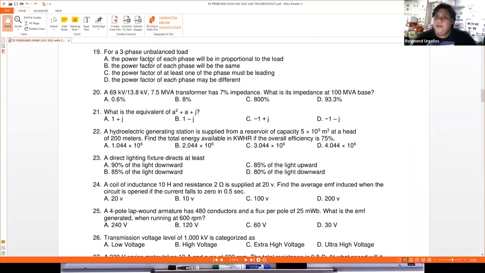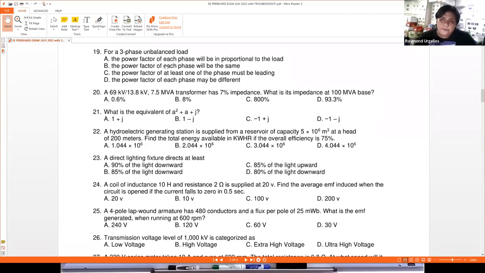For example, letter A, the power factor of each phase will be proportional to the load. We know power factor is load power divided by apparent power, so power factor is always proportional to the load regardless of whether our system is balanced or unbalanced.